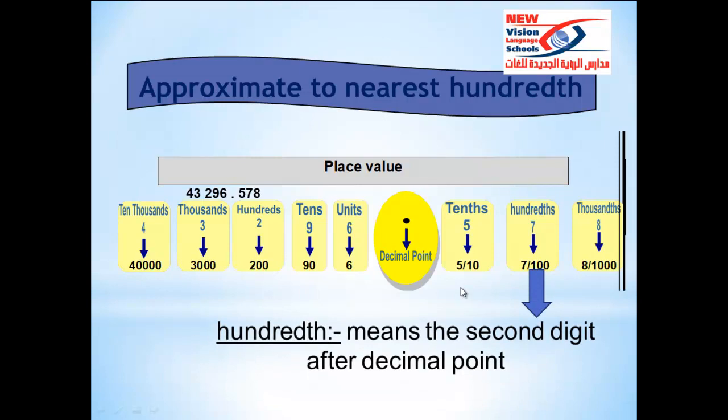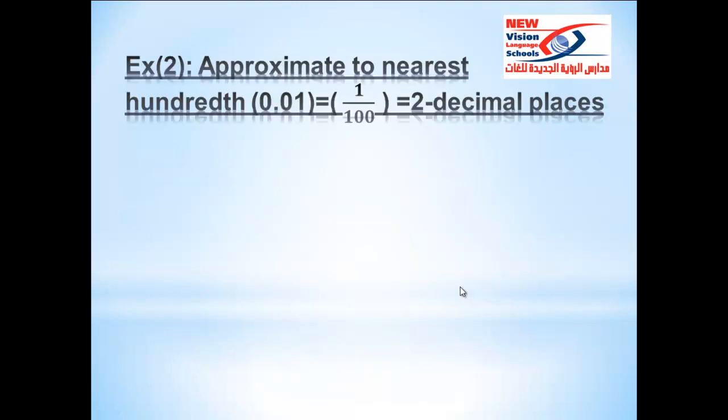This is called hundredths. For example, approximate to nearest hundredths, or 0.01, or 1 over 100, or 2 decimal places. All have the same answer, the same steps.